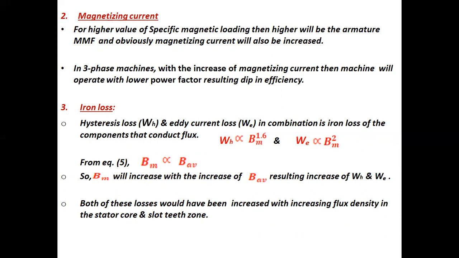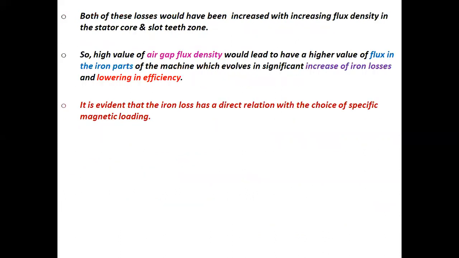Both of these losses increase with increasing flux density in the stator core and slot teeth zone.